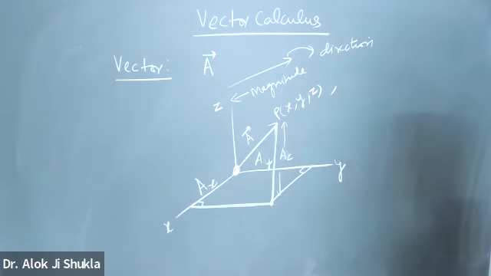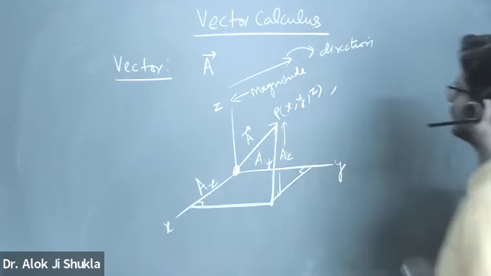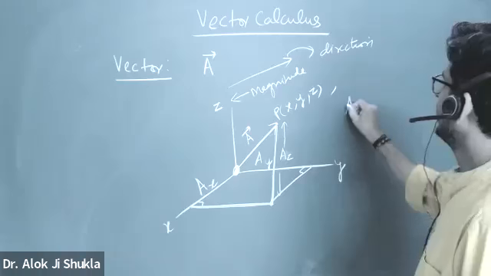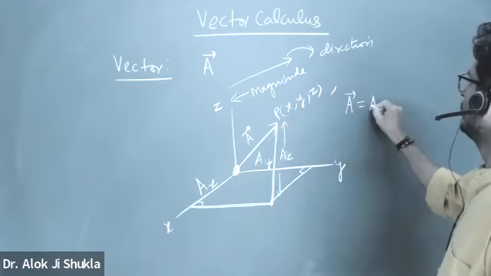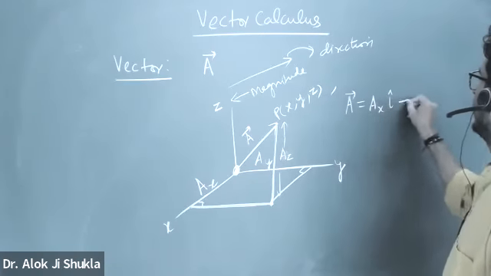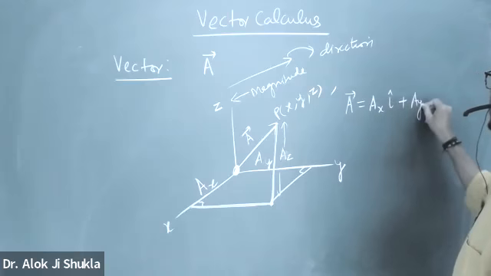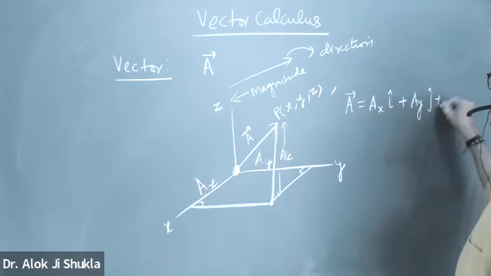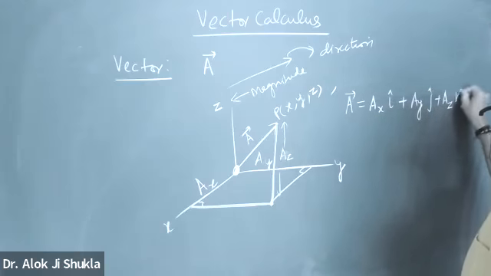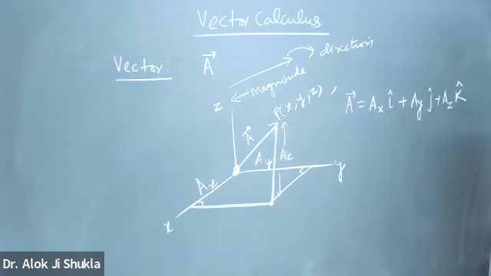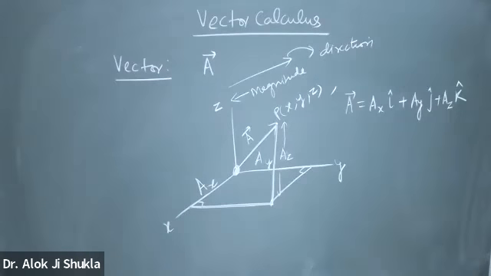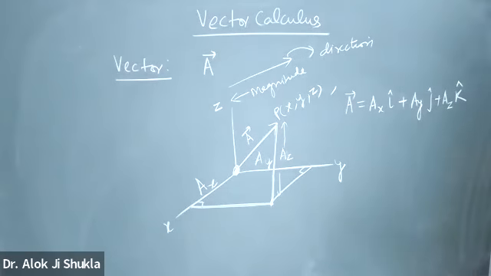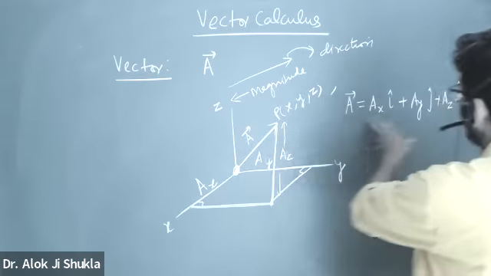Right? So these are the three components of this vector. You write it like this: A is equal to ax i cap plus ay j cap plus az k cap.